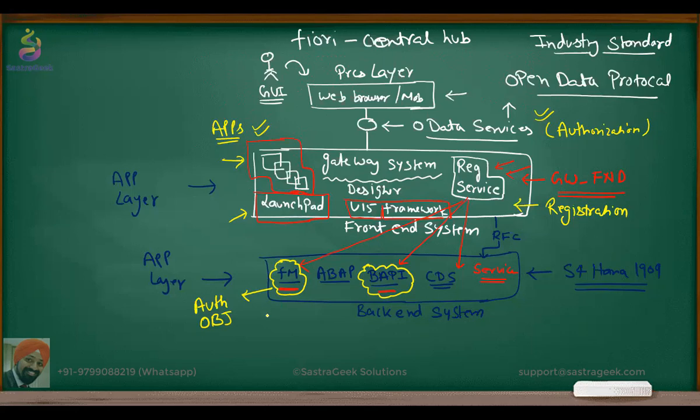In the backend system, if the VA01 transaction has not been given, although the application has been assigned, the user would not be able to enter it, because this is a second authorization layer where we create our roles, which contain the authorization objects. That access should be there, and only then would the user be able to pass and complete the transactions.